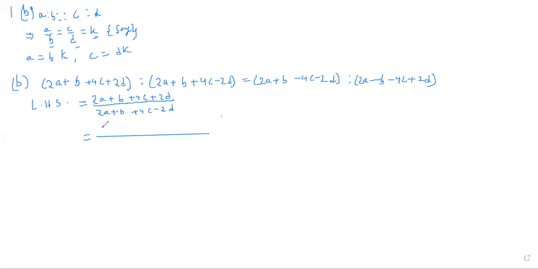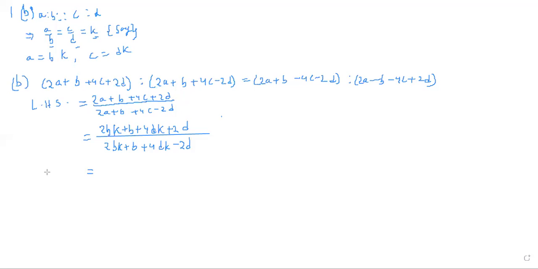So in place of A, we write BK. In place of C, we write DK: 2 into BK plus B plus 4DK plus 2D over 2 into BK plus B plus 4DK minus 2D.